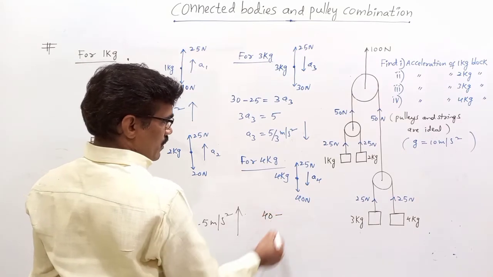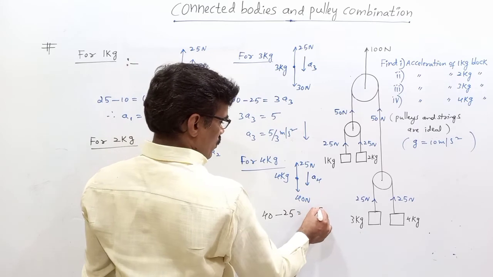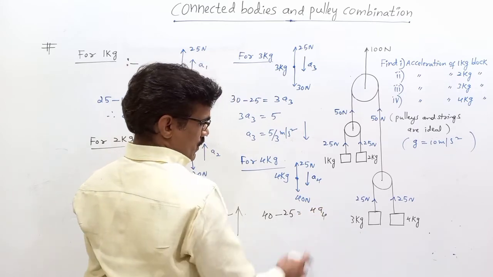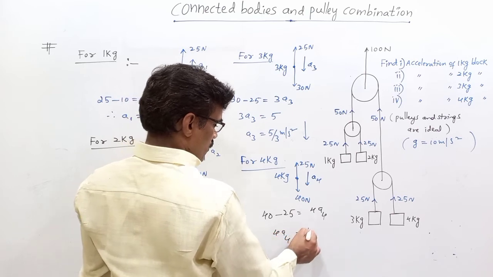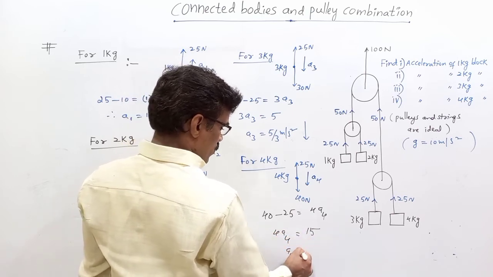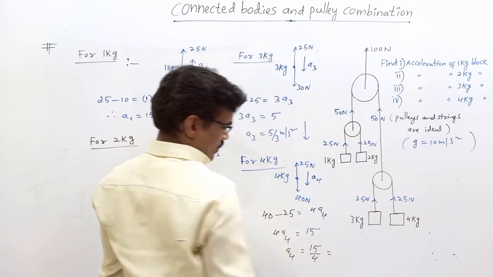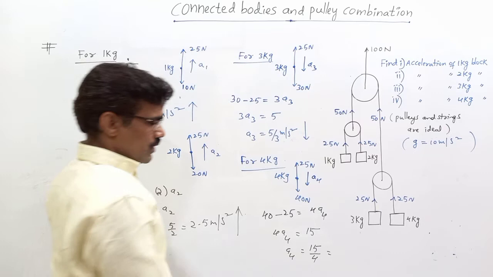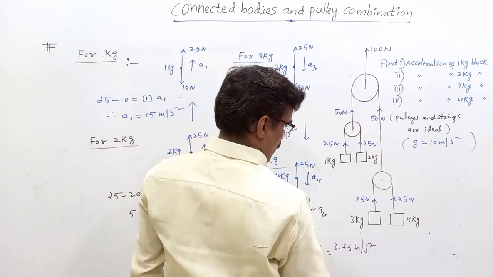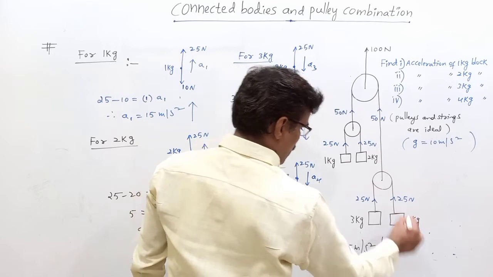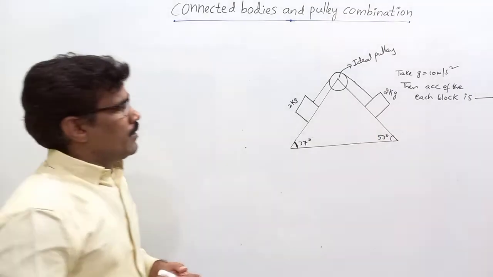Net force is 40 minus 25 is equal to 4 into A4, that is MA. So 4A4 is equal to 15. A4 is equal to 15 by 4, which is 3.75 meter per second square. Net force is downward, that's why downward. Okay, write it. Next problem.